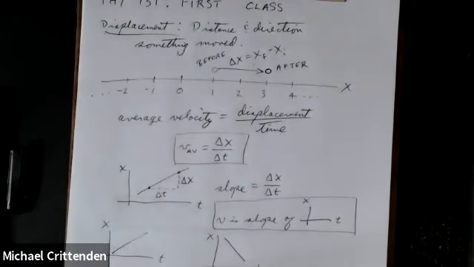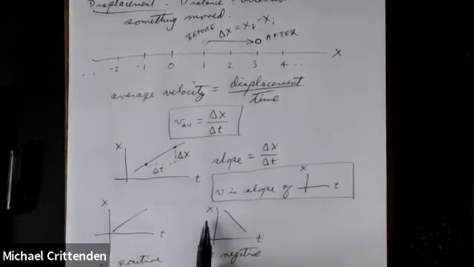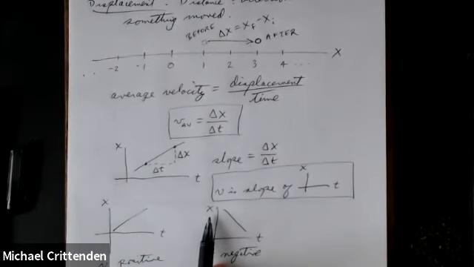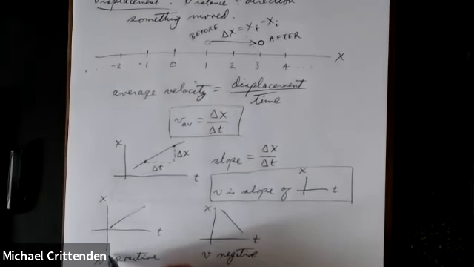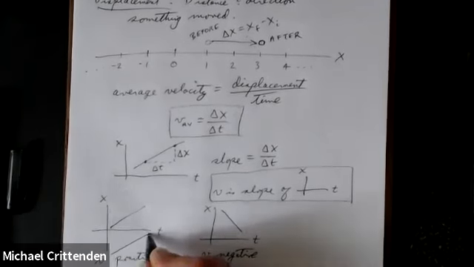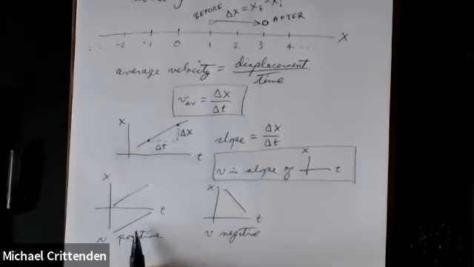And the plus and minus signs, by the way, are all independent of each other. Just because x is positive doesn't mean that v also has to be positive. Like here, x is positive, v is negative. And you could do something the other way around. On this graph over here, what if the line had been down there instead, where x is negative?